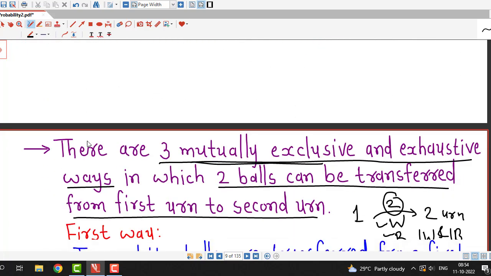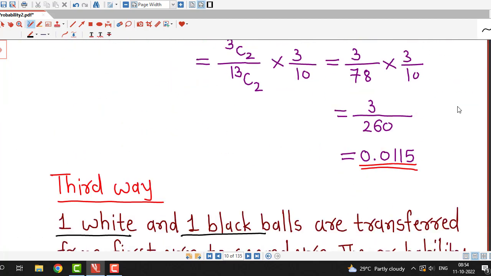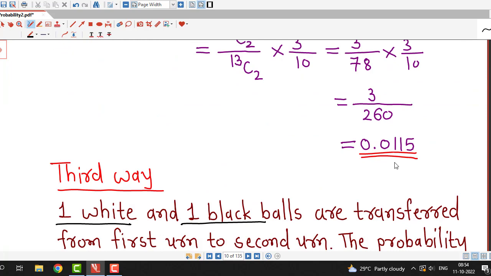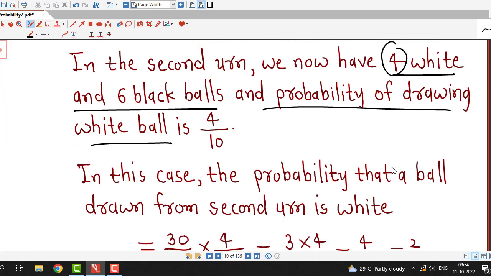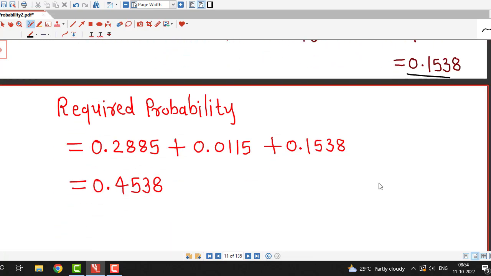So the finally required probability will be the addition of 0.2885, then 0.0115, and this one 0.1538. So this is the required probability, which is the addition of the probabilities of those three mutually exclusive events.